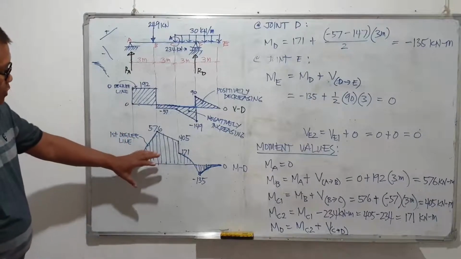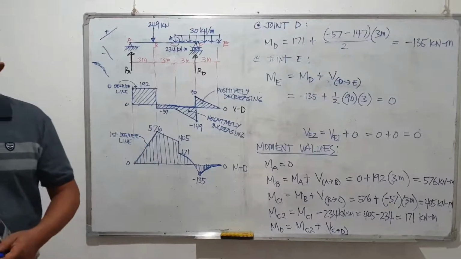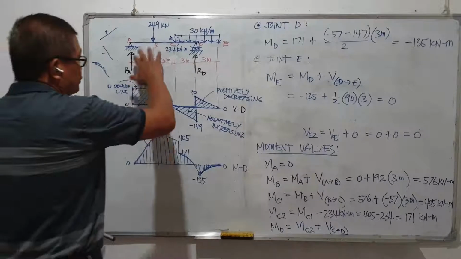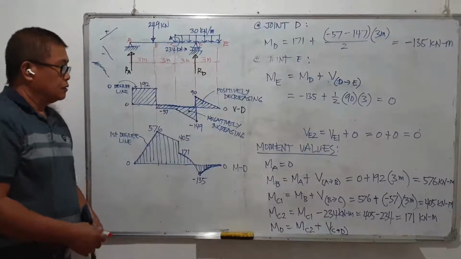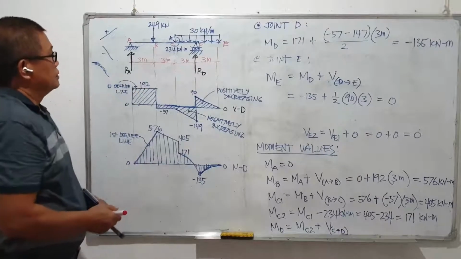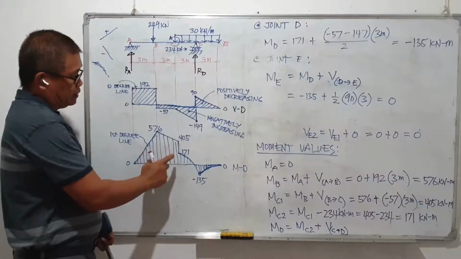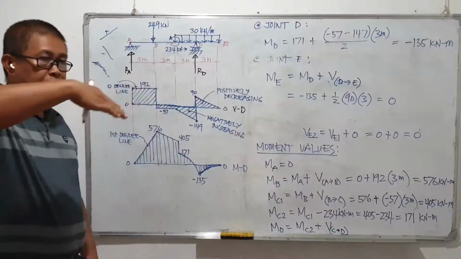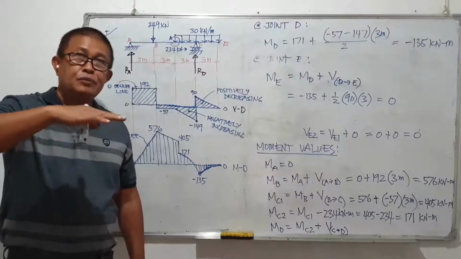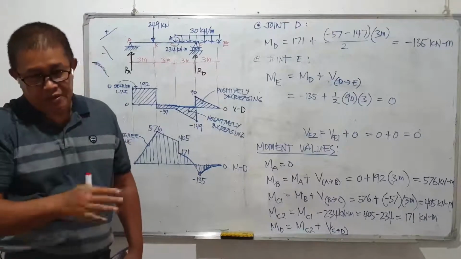After we have drawn the moment diagram, it will also give us the behavior of the curvature or the deflection of the beam from one end to the other end. A positive moment area will have a bending downward. The concave face of the beam will be facing upward, and the convex face is downward.